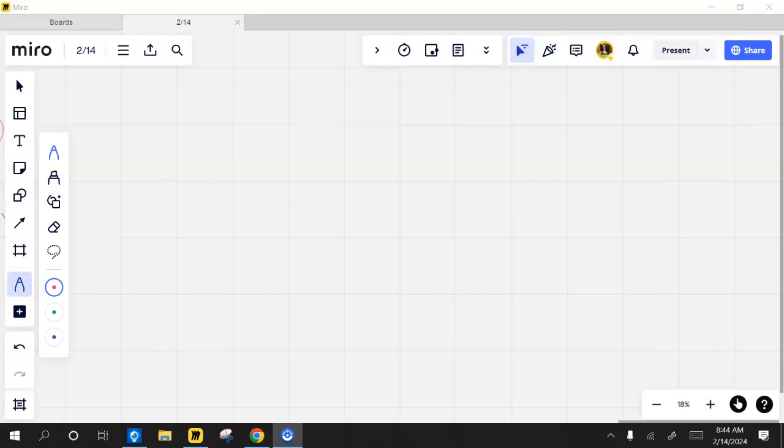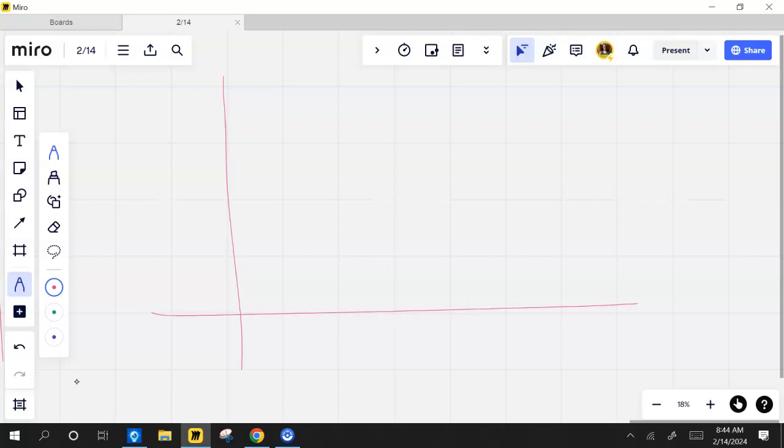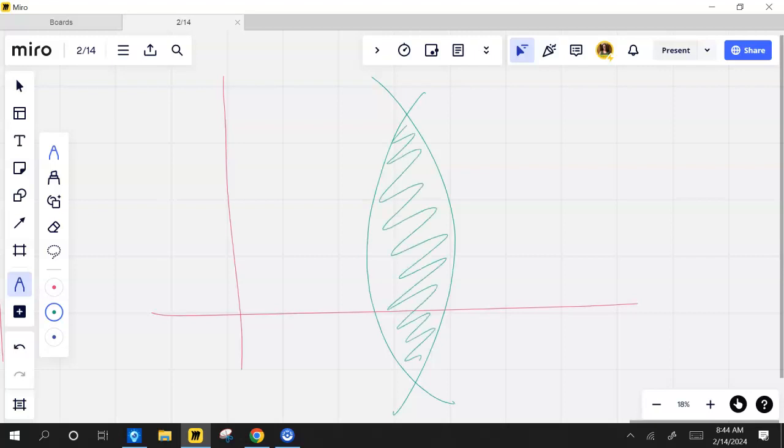But the problem is sometimes it would be better for me if I have this function... Let's say these are my two functions, and I want to do this area. The problem is I don't have a top curve and a bottom curve, right? Do you see that? I have a left curve and a right curve.